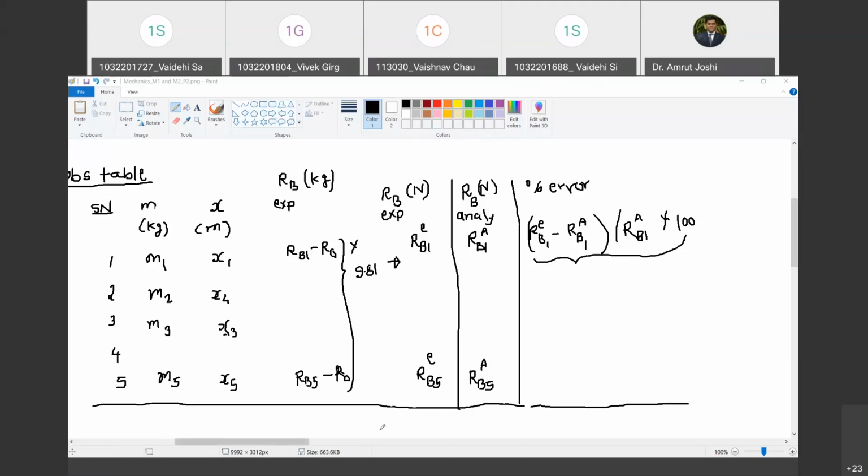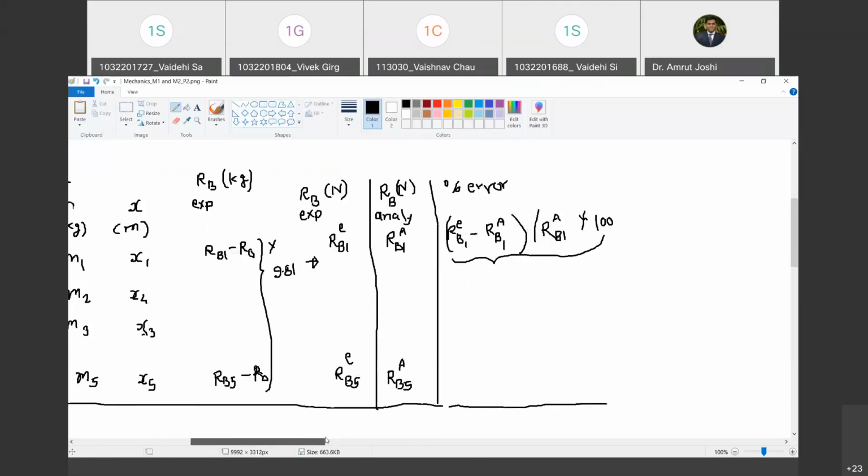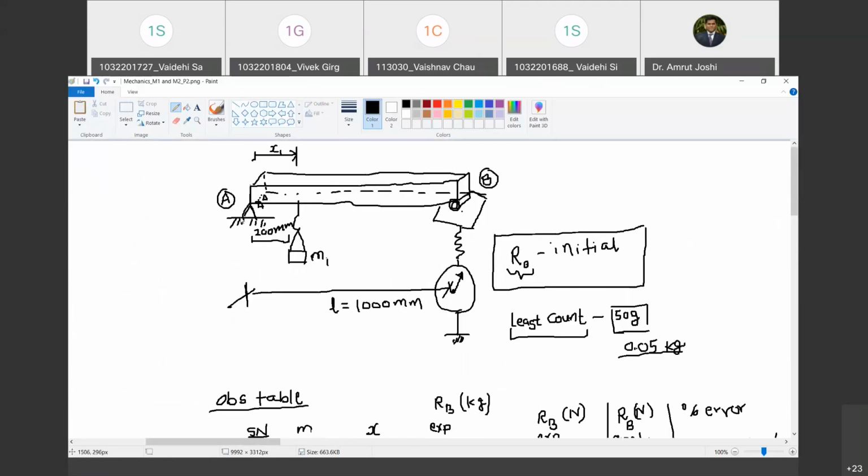Okay, so before I tell you how to find out this RB analytically, let us try and understand what we call this beam. Look at the supports of this beam: on one side there is a hinge support. Do you agree with me? Yes, sir. And on the other side there is a roller support. Can a hinge support offer moment reaction? No, sir.